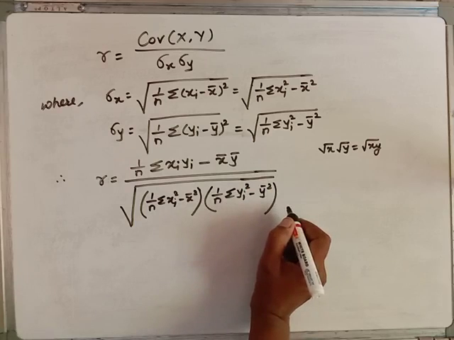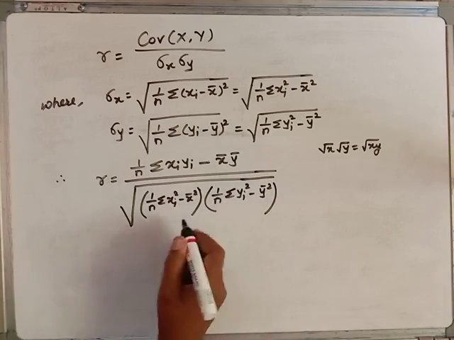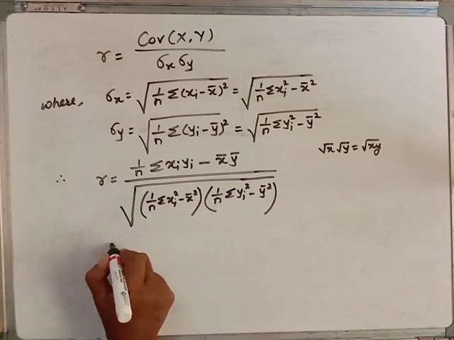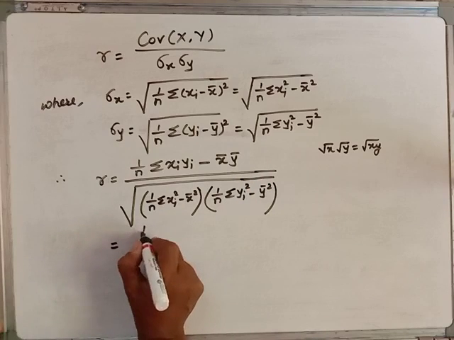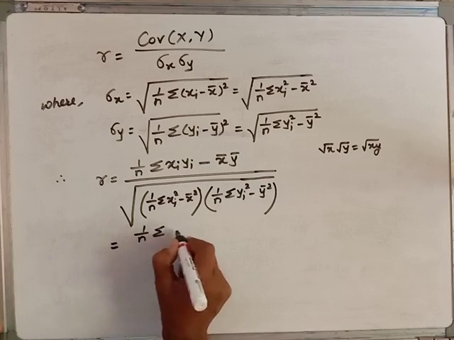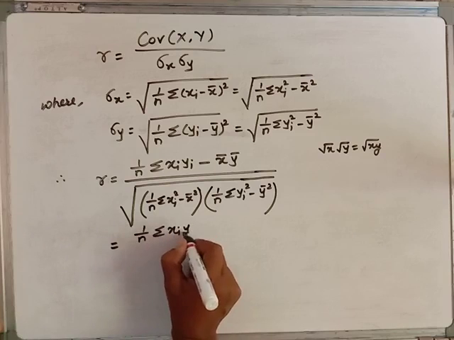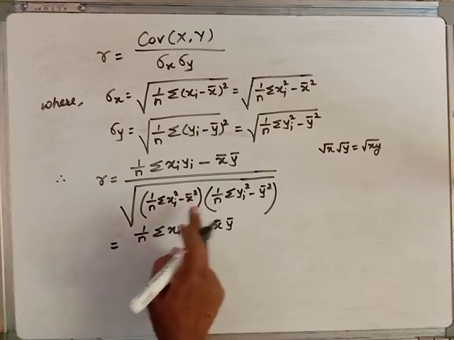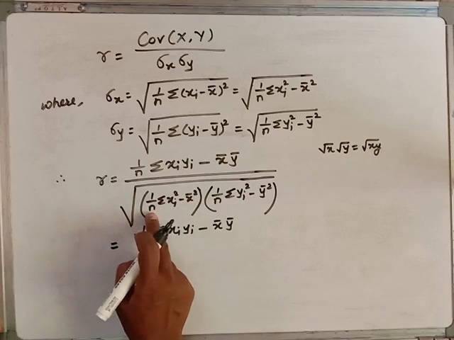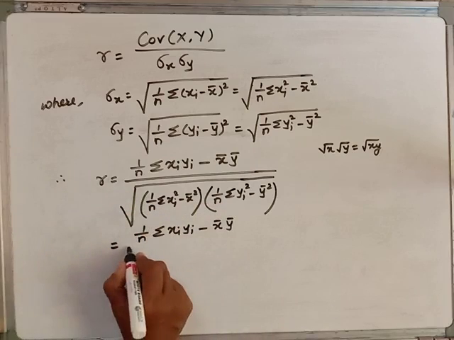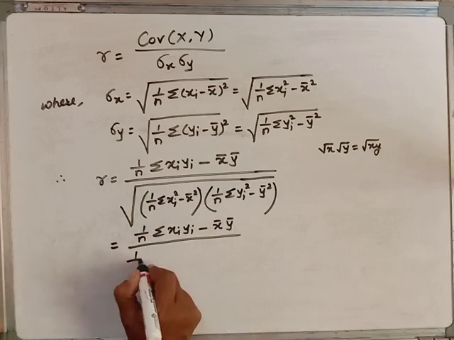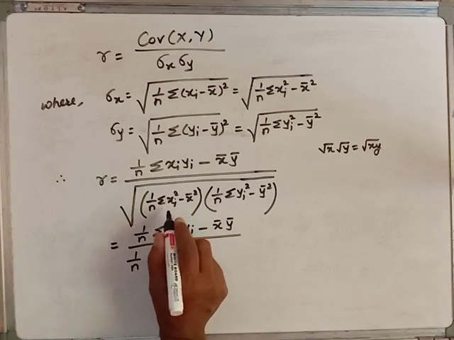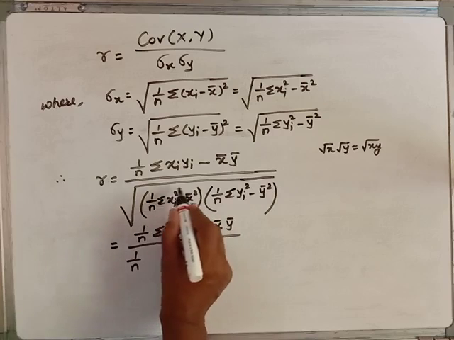Fine. Now further it can be written as 1 upon n summation xi yi minus x bar y bar as it is. Now this 1 upon n into 1 upon n will become 1 upon n square. That can be taken outside as 1 upon n. So what is left in the square root will be these things only.